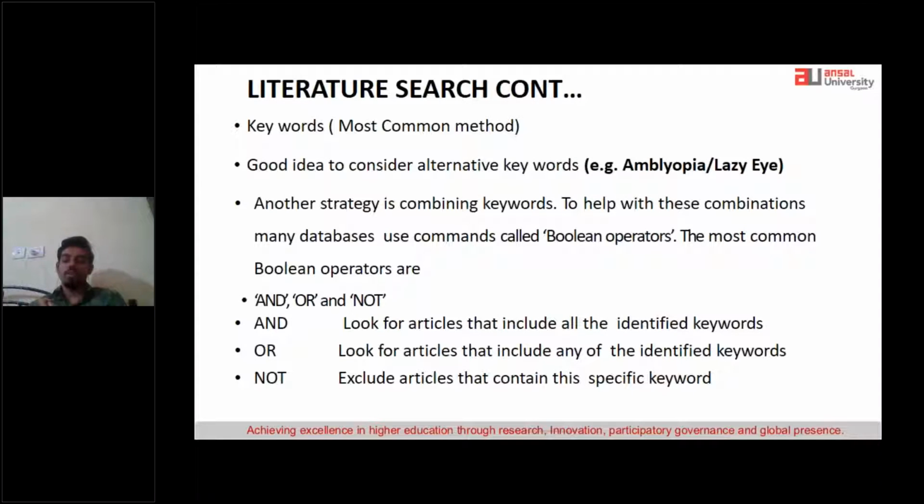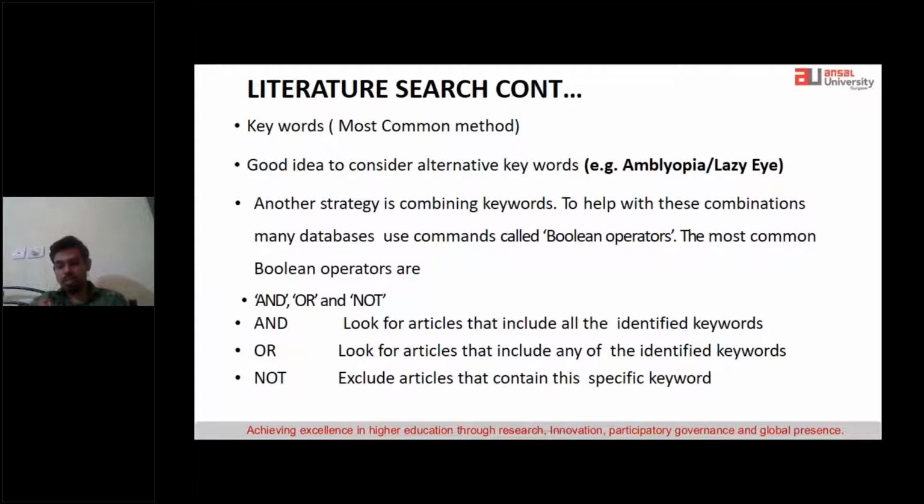And there is something called NOT. NOT means everything I want, except this particular thing. For example, with amblyopia, you can put amblyopia AND Indian population, but NOT adults. So it will exclude the adult population and give you information related to your topic.